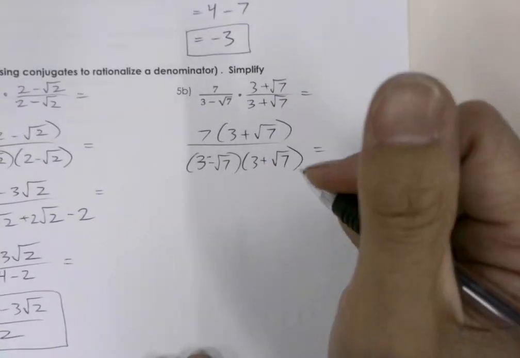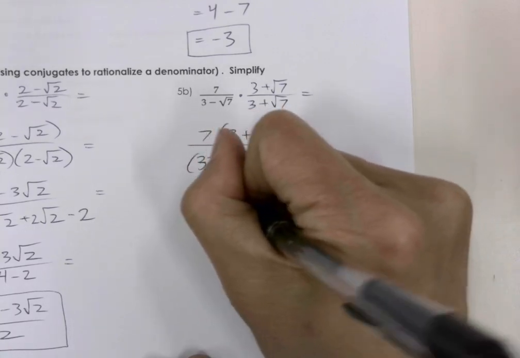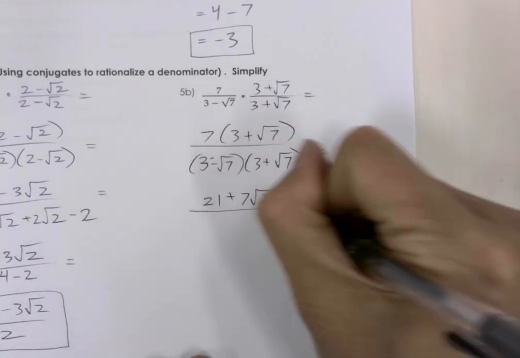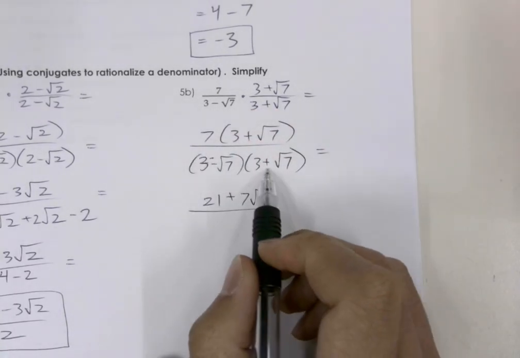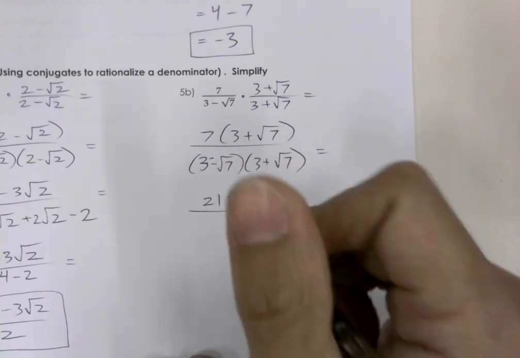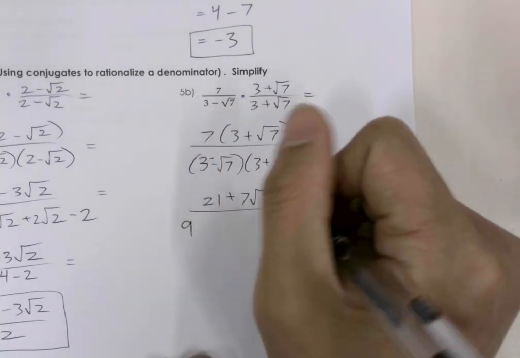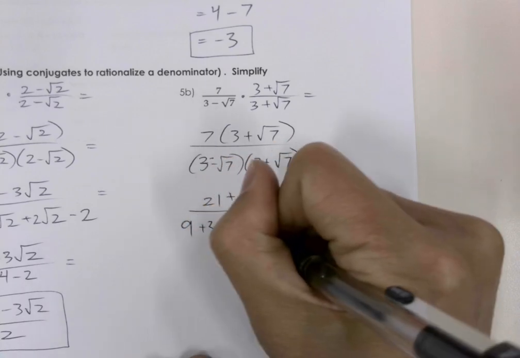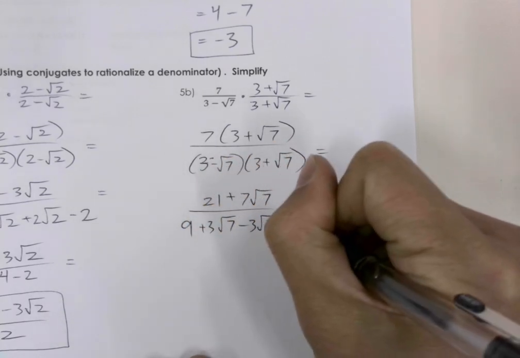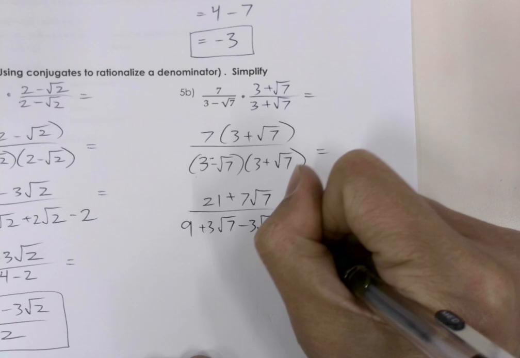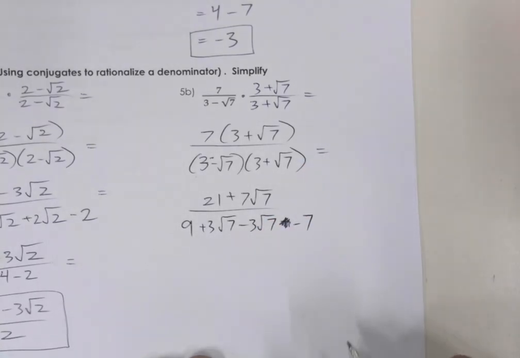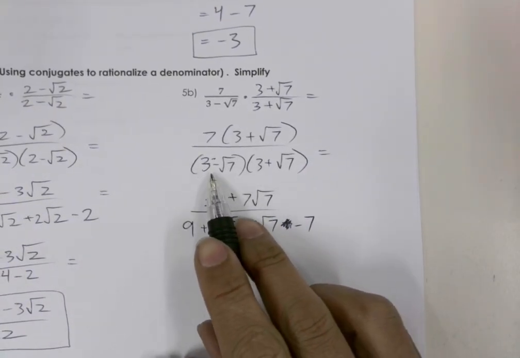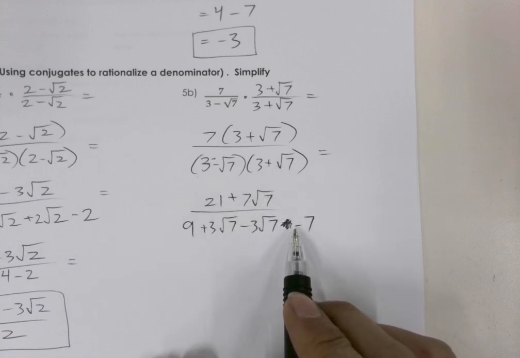So we'll distribute out the 7, and we get 21 plus 7 square root 7 over. And here we need to distribute. So we get 3 times 3 is 9. We'll get plus 3 square root 7 minus 3 square root 7, and then, oh, it's not a plus at the end, it is a minus 7. It's minus because a negative times a positive is negative.